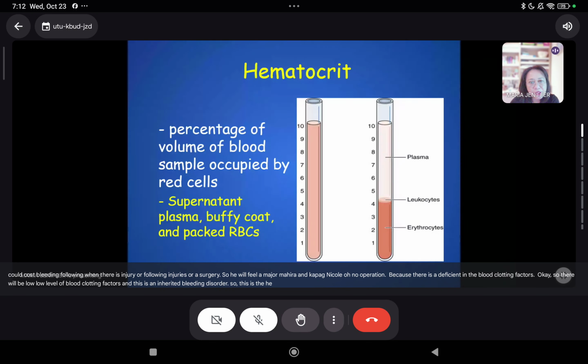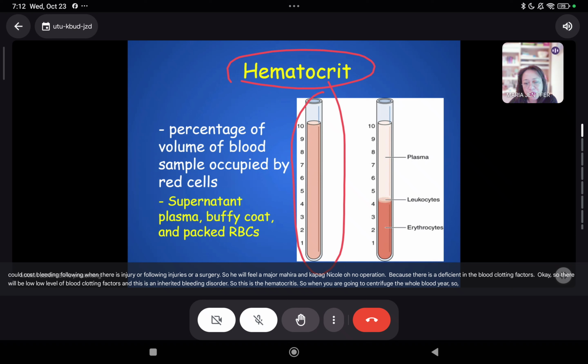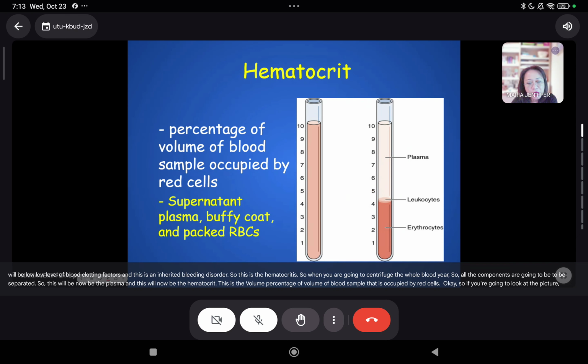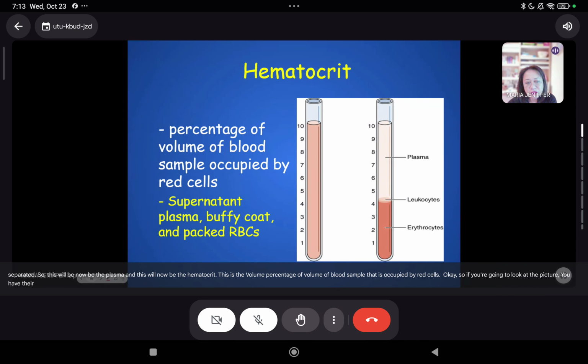So this is the hematocrit. When you centrifuge the whole blood, all the components are going to be separated. So this will be the plasma, and this will be the hematocrit. This is the percentage of the volume of the blood sample that is occupied by red cells. If you look at the picture, during centrifugation, this is the supernatant plasma.